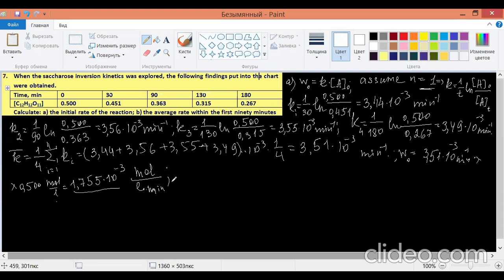Now we are proceeding to part B. In part B, they ask us to calculate the average rate within the first 90 minutes. It's a very simple arithmetic operation.